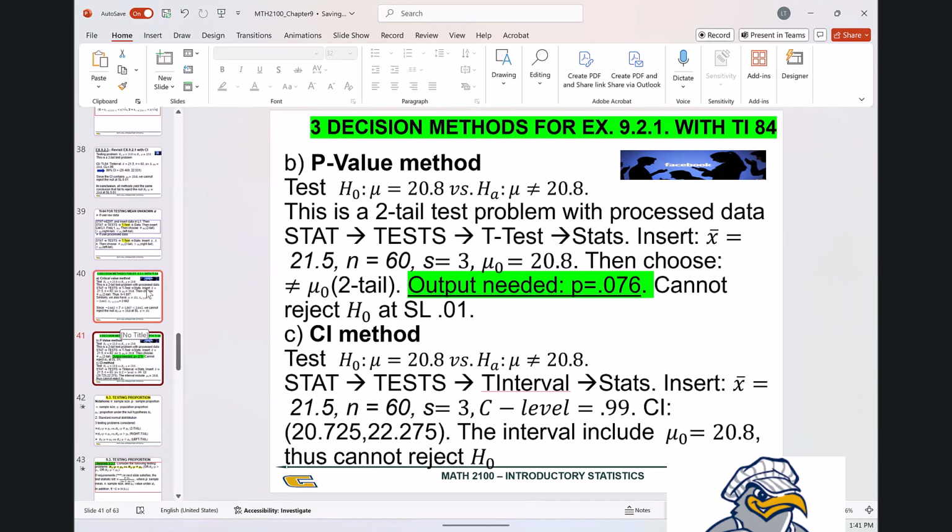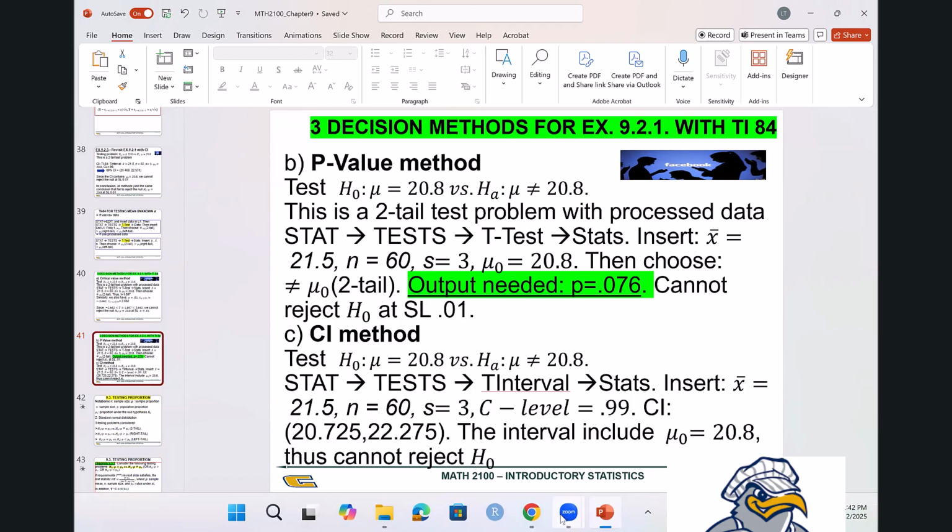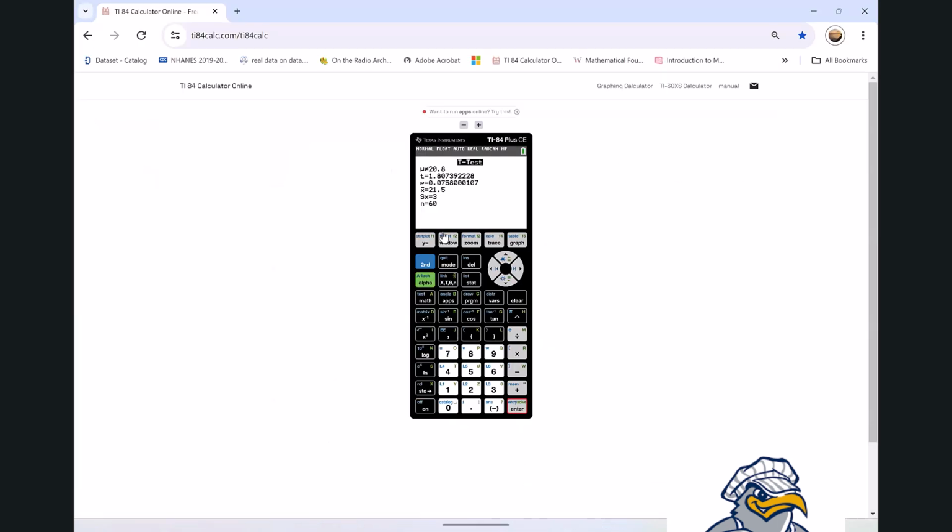So basically, again, when you use the calculator, we consider testing for the mean when sigma is unknown, which is a more popular case in reality. If you use the p-value, your life will be very simple because the calculator already gives you a p-value. All you need to do is look at the significance level and see whether your p-value is less than it or not. If it is less, then you reject. If it is not, then you cannot reject.